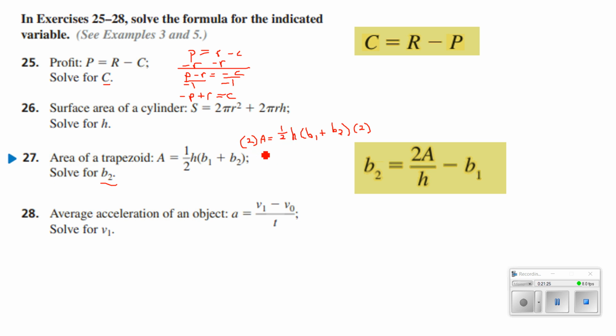Now this is gone. That's going to leave me with 2A is equal to H times B1 plus B2. Next, we're going to divide H away. That's how I got 2A divided by H equals B1 plus B2.